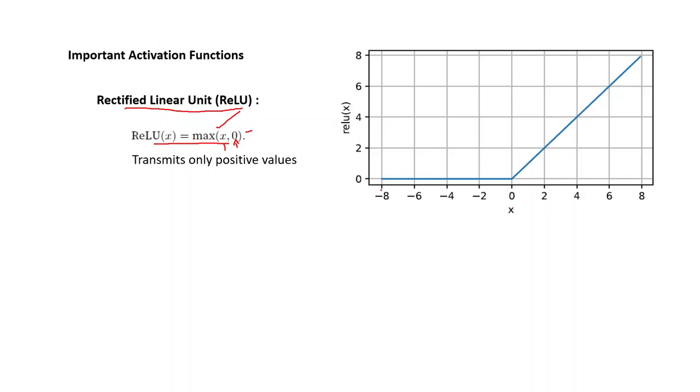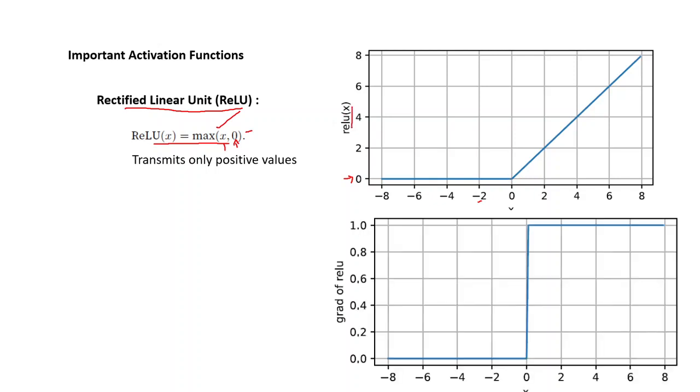For any value less than 0, the output value of the neuron was 0, and as x started taking positive values, the value of this ReLU(x) changed accordingly.